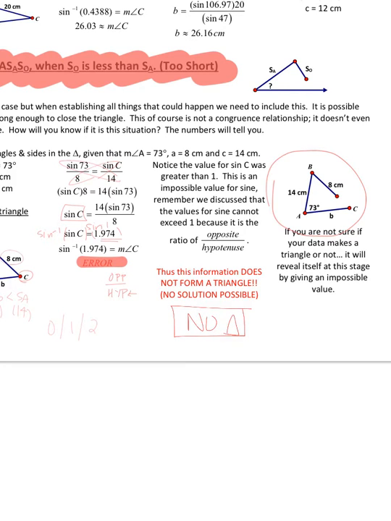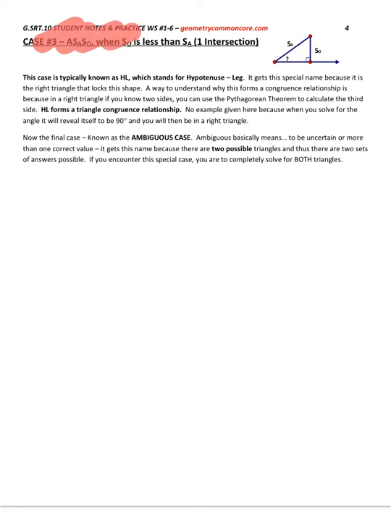And there would be nothing else to solve for. Another example when the side opposite is less than the side adjacent is that you get exactly one triangle, and this triangle is a right triangle. We worked with this as a hypotenuse-leg congruence situation, and from here you would use law of sines as normal.